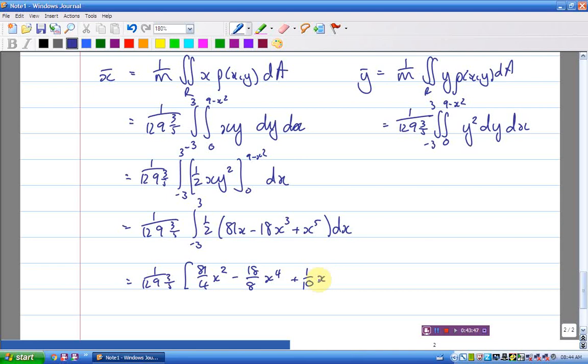No, not 5, 6. Silly me. It's already a 5. Divide by 6, so 12. Okay, if I haven't done anything daft, then that's what you get.